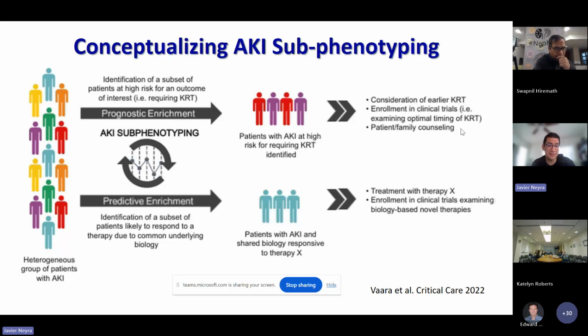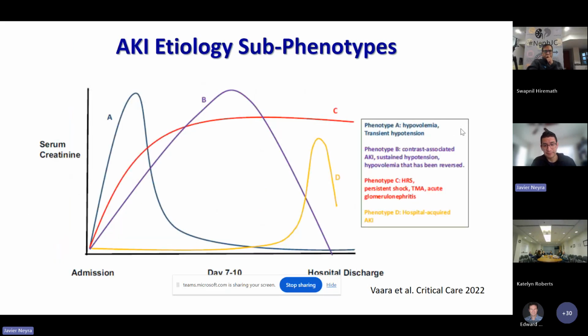Imagine you're working on a drug that is going to mitigate inflammation in AKI. That is one of the big components of the pathobiology. And you have a way to enrich those patients to identify the subphenotype of hyperinflammation with AKI. So those are the patients you want to try to enroll in a clinical trial testing this drug, and hopefully in the future treat them with this drug if the drug is effective.